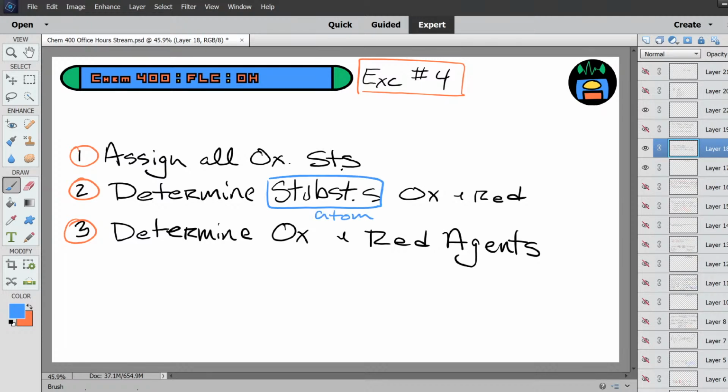It's always going to be an individual atom. Whenever you are going after the agents, this will always be a species, whatever the reactant is. So it'll be whatever that reactant is, it could be an atom, it could be an ion, it could be a molecule.